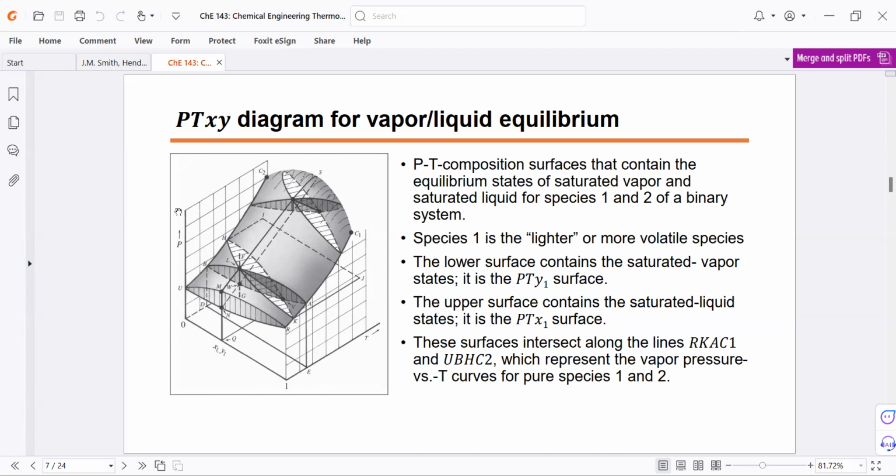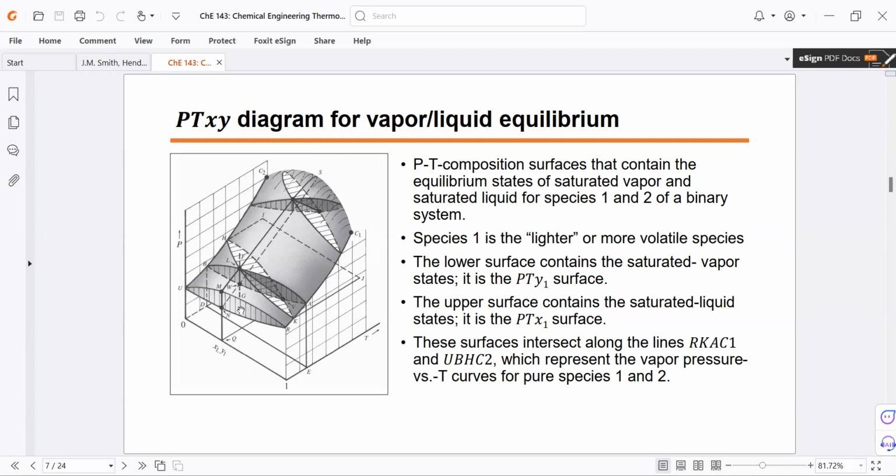If we are talking about the high pressure region, what is the state of the system? What can we expect? We can expect that the liquid phase is on top, and at lower pressure, the vapor phase is at the bottom.